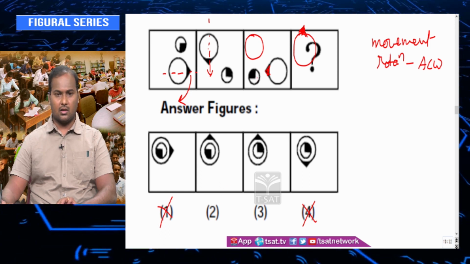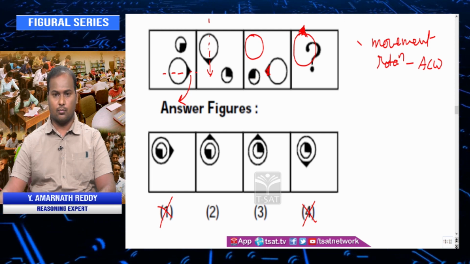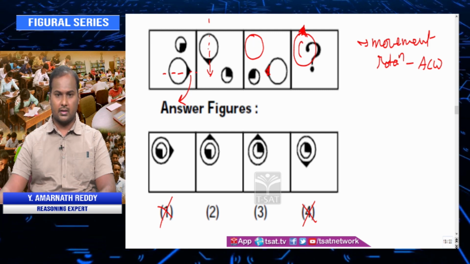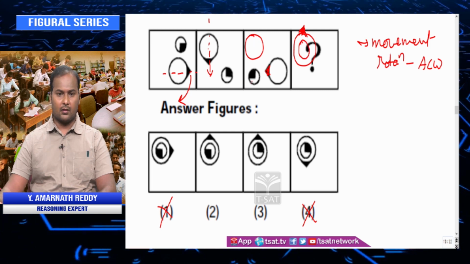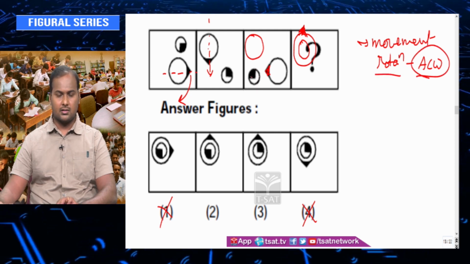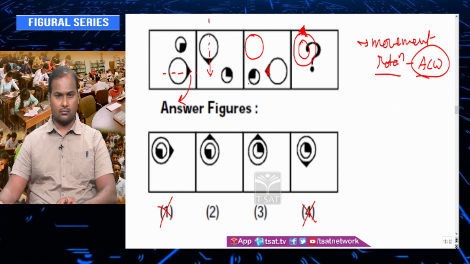Now see the small circle, how this small circle is moving from one corner to another corner. So there is a movement from the corner, so it moves inside. Now this circle moves inside like this. After moving, again you can see a rotation, how is it rotating? In the anti-clockwise direction.